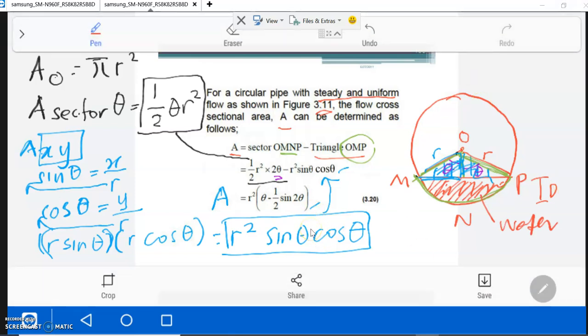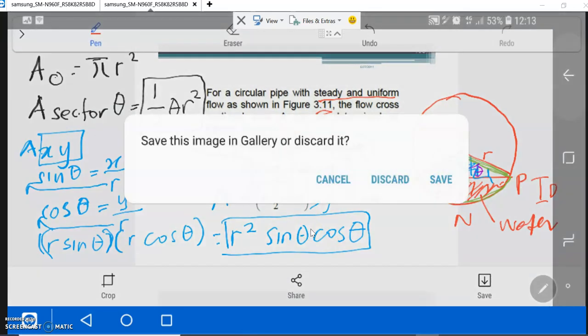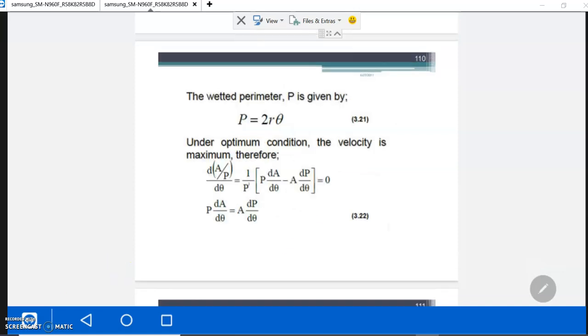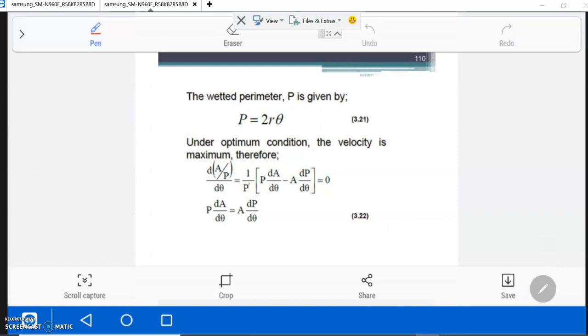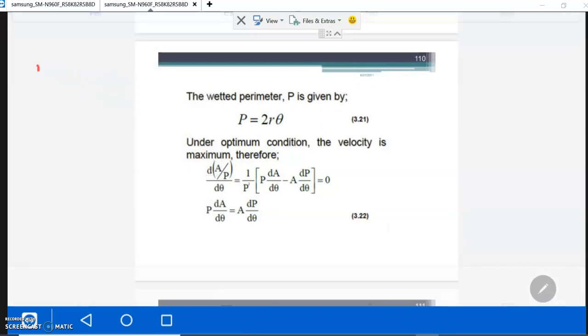Next, we have A, and then we need to calculate the P. Okay, P is the whole perimeter formula. So the whole perimeter we know P equal to 2 pi r.